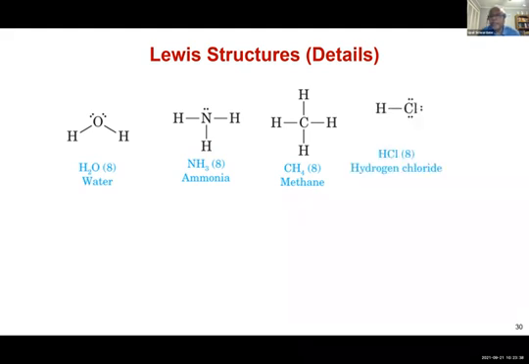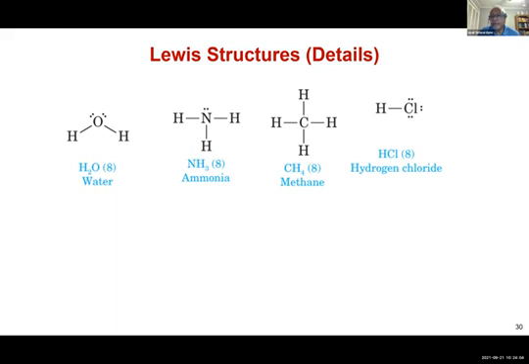HCl. How do you get 8 total? Chlorine has 7 valence electrons. Hydrogen has 1. 7 plus 1 is 8. Divided by 2 is 4 pairs. When you connect hydrogen to chlorine, 1 bonding electron pair is already used.